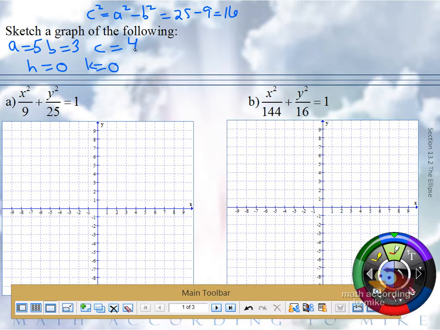A. So we're going to move up and down 5 units from the center. So up 5. We have a vertex of 0, 5. Down 5. Go to another vertex at 0, negative 5. I will not require you to put the little prime mark on the V. If you write them both as V, that's fine for our purposes.